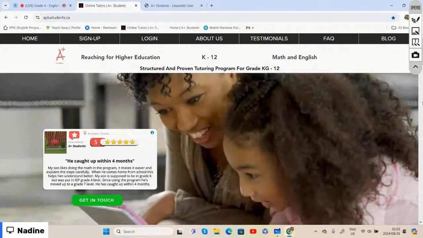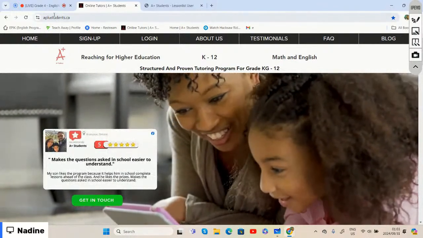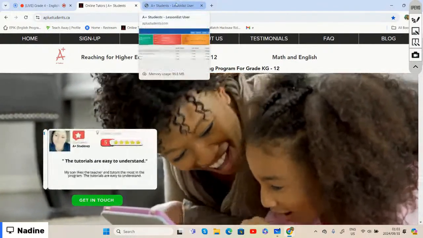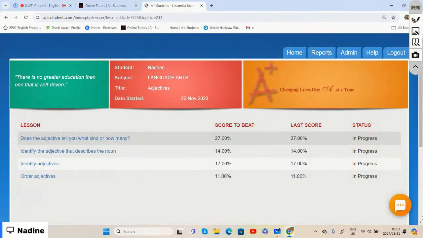So we're going to select the subject of English language arts, grade 4, and then we scroll down until we get to the chapter of adjectives.